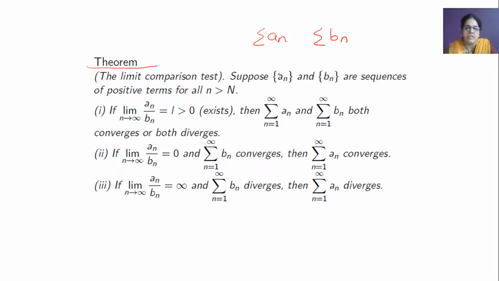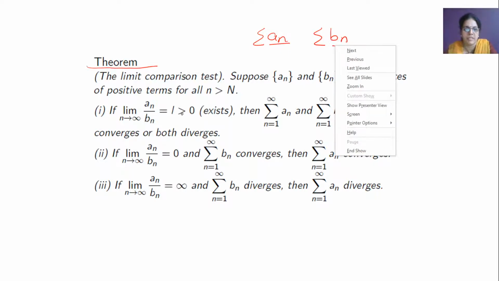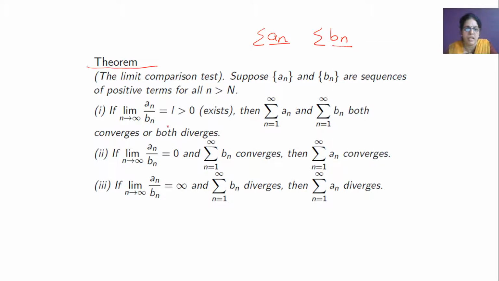Positive terms means all terms a1, a2, b1, b2 are positive for all n greater than N. Now, if the limit as n tends to infinity of an divided by bn, that is the nth term of the first sequence divided by the nth term of the second sequence, is a number L, a positive number L greater than 0, then both the series sigma an and sigma bn either both converge or both diverge.